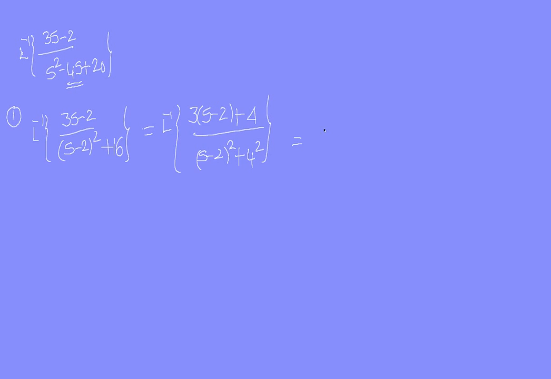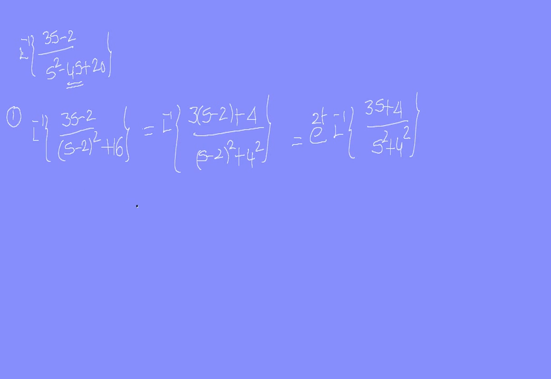In place of s we have s minus 2, therefore applying the first shifting theorem, e power 2t into L inverse of (3s plus 4) by s square plus 4 square.